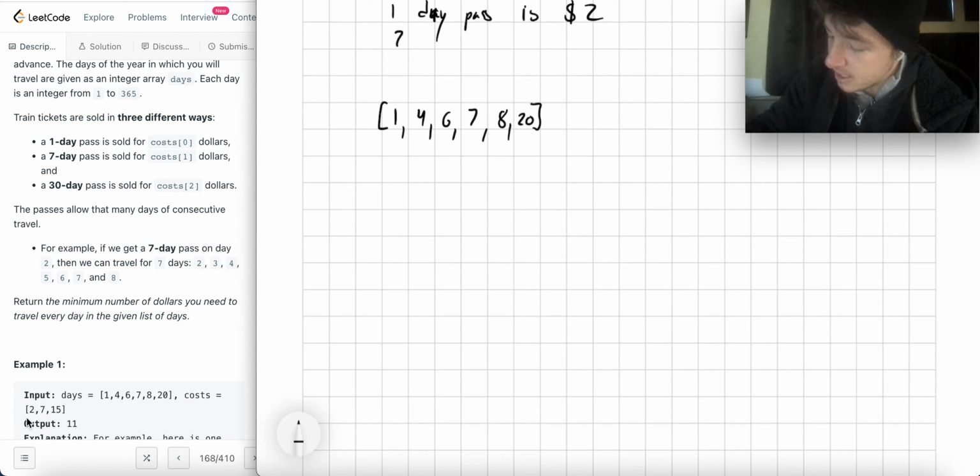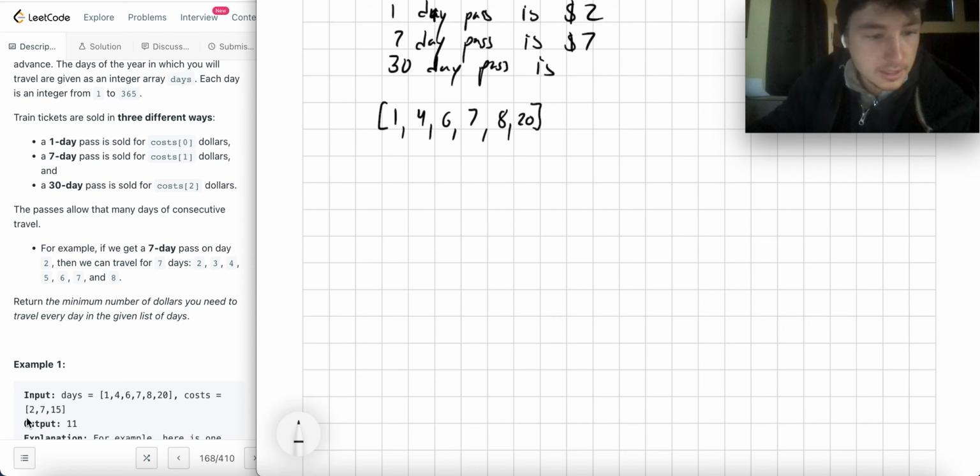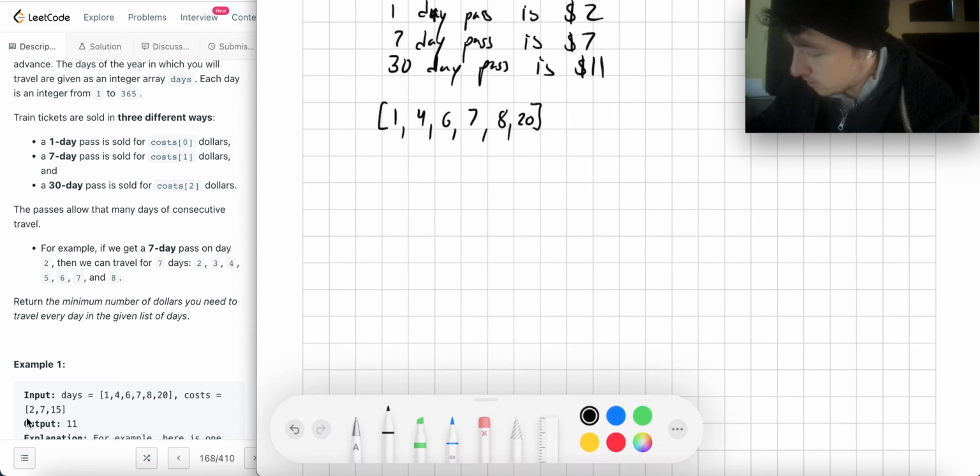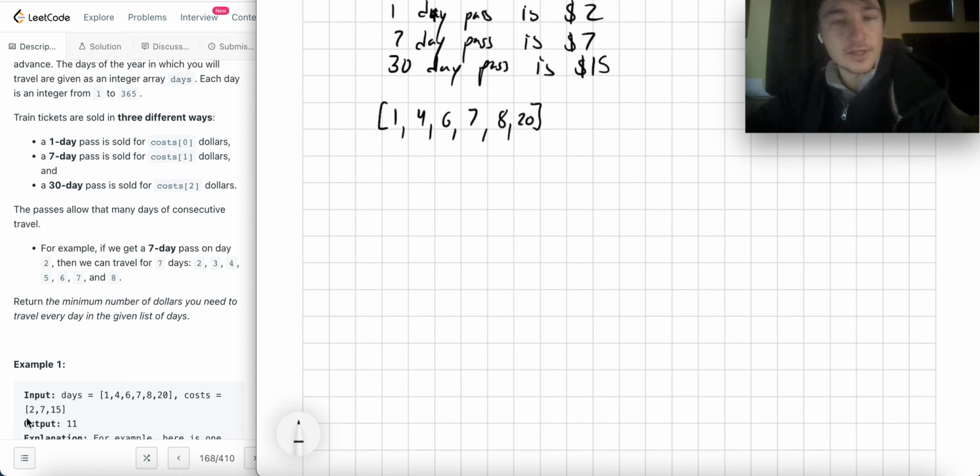A 7-day pass is $7, and a 30-day pass is, I was reading the wrong thing, $15. So these are the corresponding costs for each pass. Cost of 0 is the 1-day pass, so that'll be $2. Cost of 1 is the 7-day pass, $7. The cost of the 30-day pass is $15 in this position.